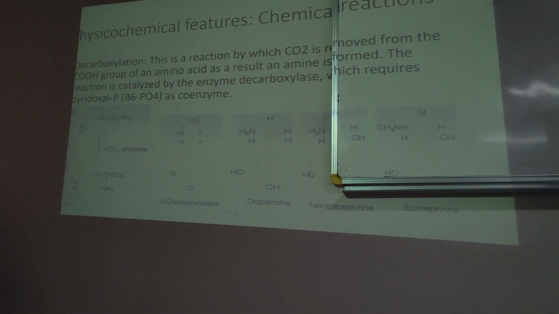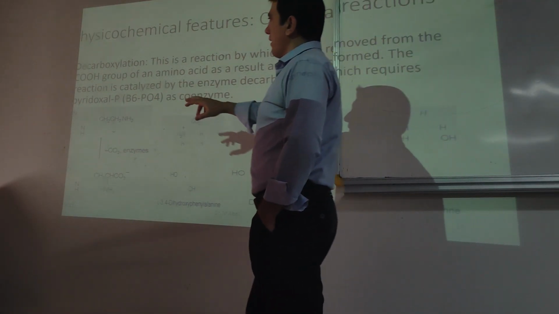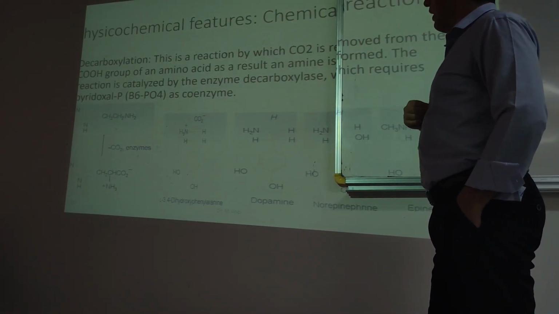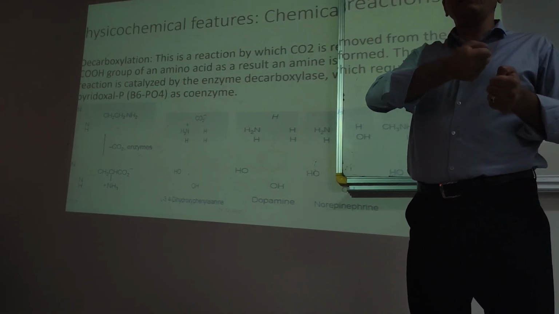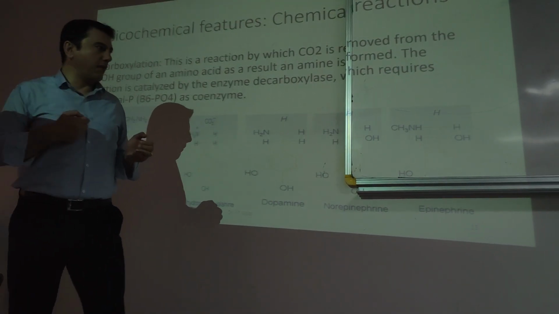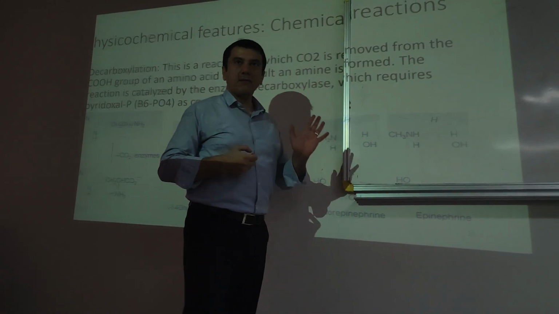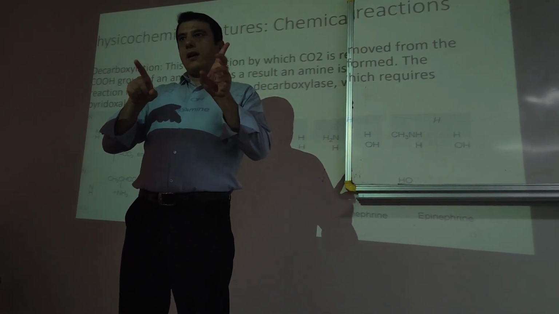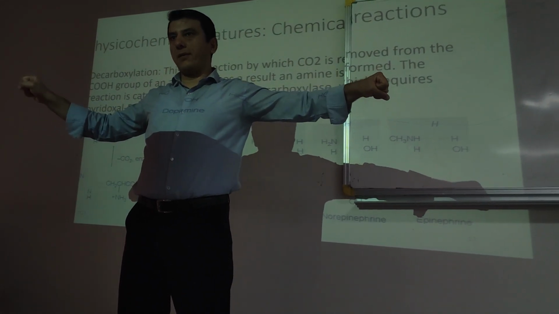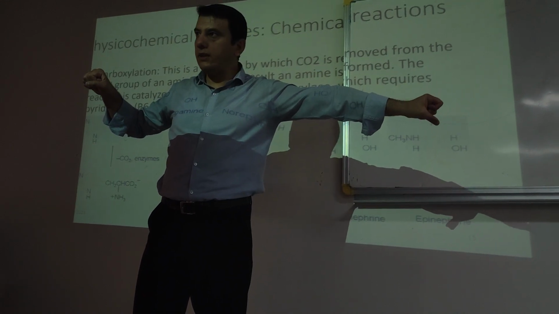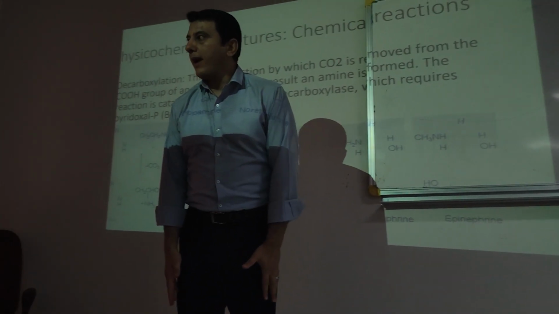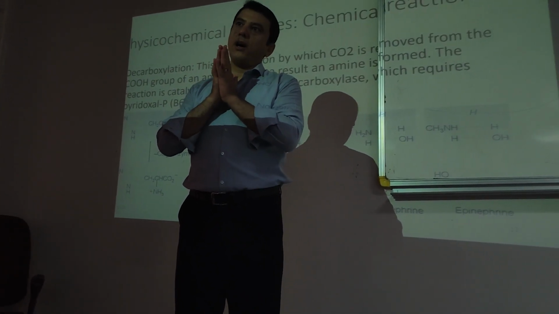Any question? Another reaction is decarboxylation, which means removing COO from an amino acid. If you remember the shape of an amino acid, all amino acids have an alpha carbon with four groups: the first attached to COO, the next attached to NH3, one arm attached to H, and one arm attached to the R group.